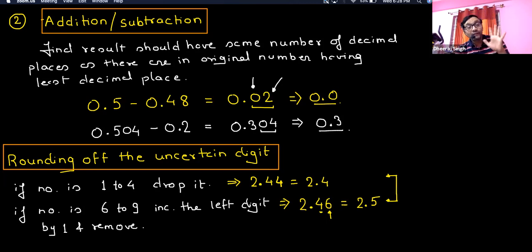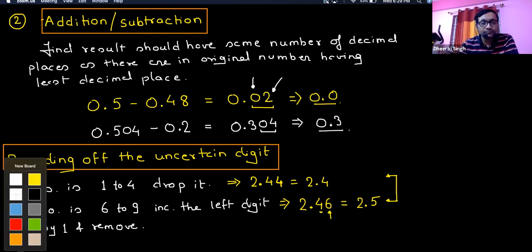But then with respect to number 5, how to round off 5? There is an ambiguity, because 5 lies exactly in the middle. So for 1 to 4, you need to just remove it. For 6 to 9, you just need to increase the adjacent digit. But if it is 5, then these are the rules.